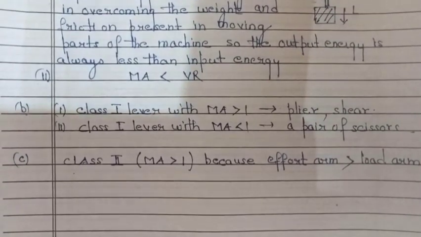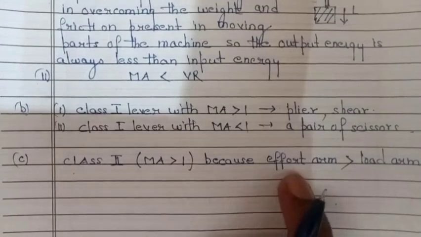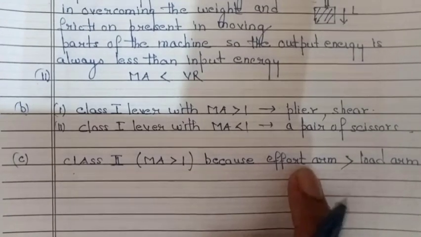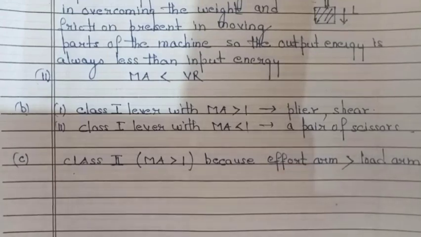Next part, they say, what change can be done in this lever to increase the mechanical advantage? So if you have to increase the mechanical advantage, you need to increase the length of effort arm.